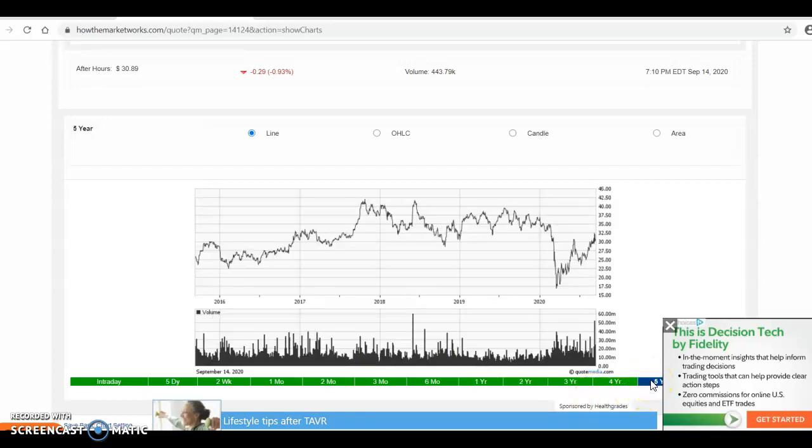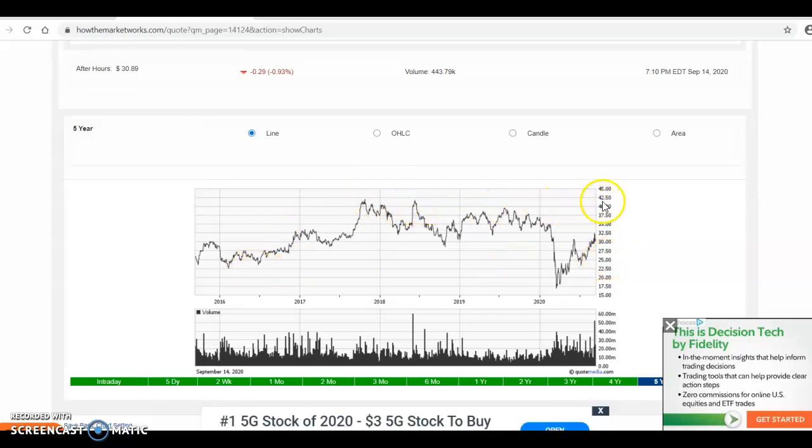Now I'm going to go to the 5-year. This is for the last 5 years. The lowest part of the whole last 5 years was during that virus. You can see we've pretty much stuck between just $25 here and $42 up here. Most of the last 5 years has been in that range, and in the last couple of years, it's been in the higher aspect of that range as opposed to the lower aspect.